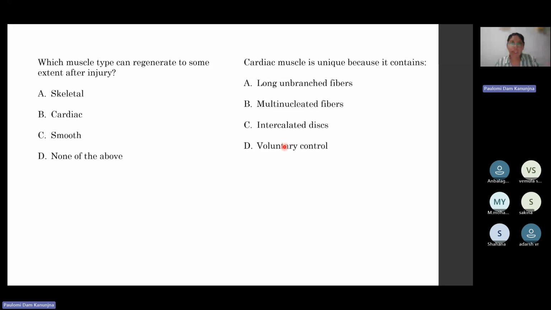Next, which muscle type can regenerate to some extent after injury? And the second one is, cardiac muscle is unique because of which, I told you this exact line. We identify cardiac muscle because of its unique feature. And for this one, try to think which muscle has this property of being able to regenerate.